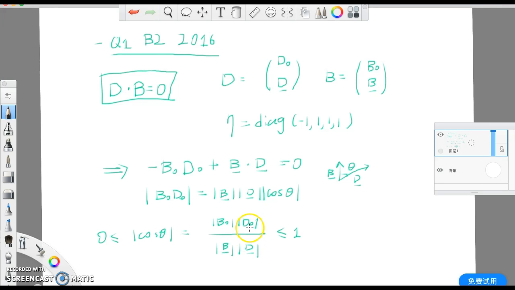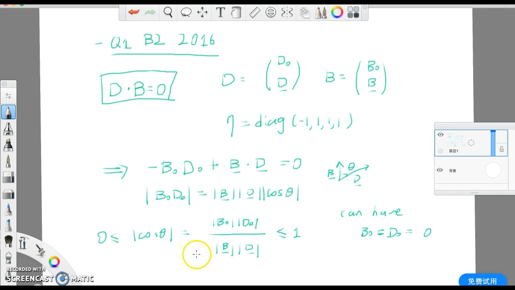But if one is space-like, the other can also be space-like, right? You can have both B0 and D0 equal to 0, and this expression will still hold, right? And if B0 and D0 are both 0, then the vector has to be space-like.